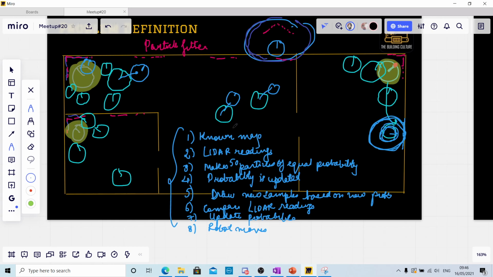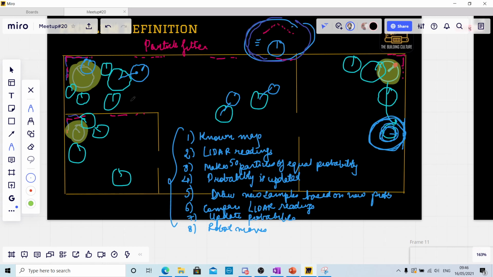The only thing to remember from this is that it is applicable when we have a map and we are trying to localize by taking the lidar readings into account, and also updating the probability distribution of the different particles that we assume the robot could be.